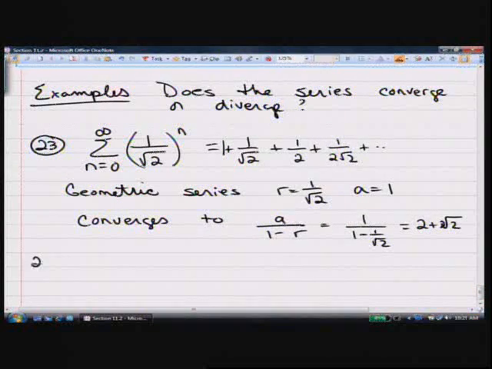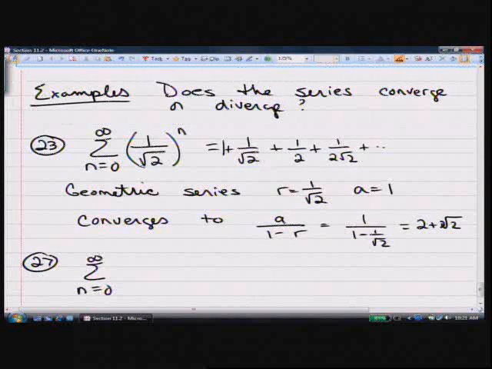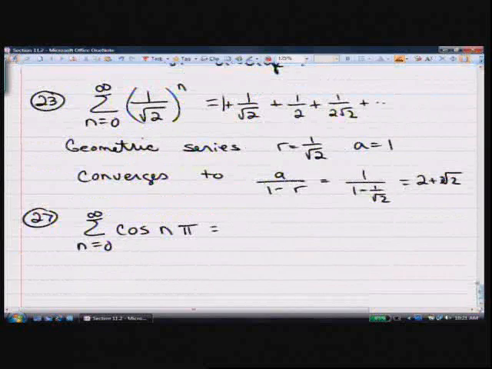How about this problem? The sum as n goes from 0 to infinity of the cosine of n times pi. Well, let's think about what y'all think is going to happen to that one? If you plug in numbers, you're just going to keep getting numbers. So you might try that nth term test.